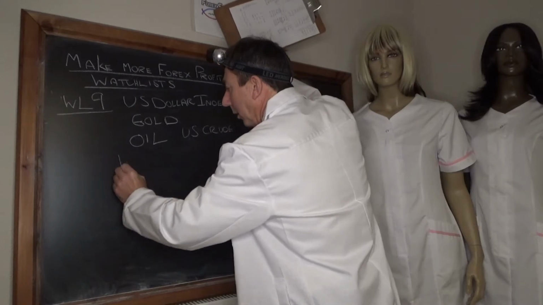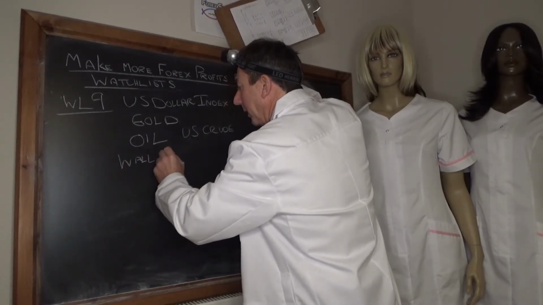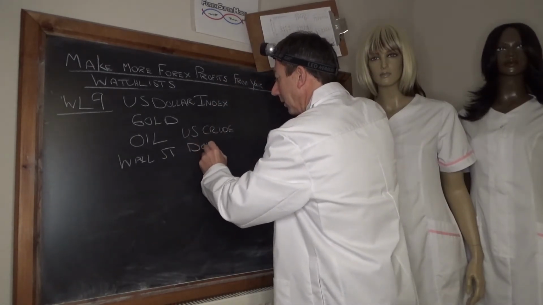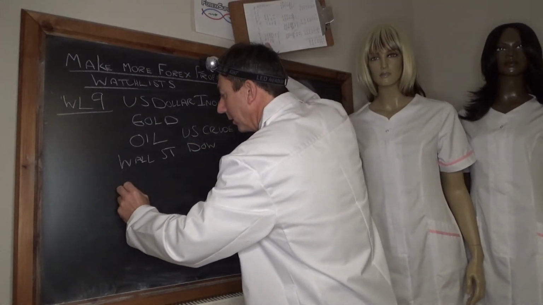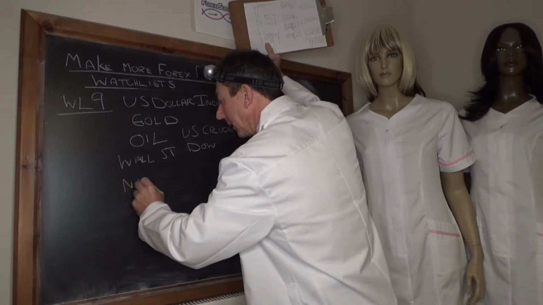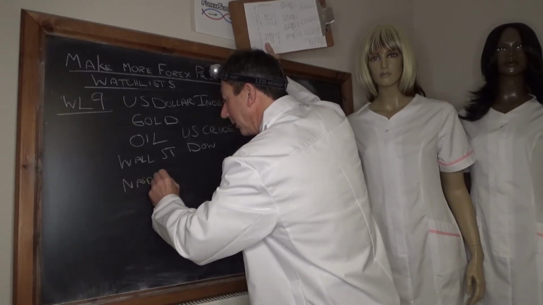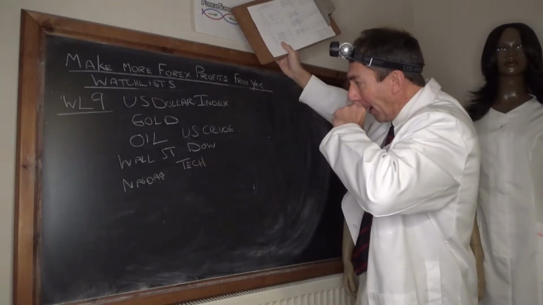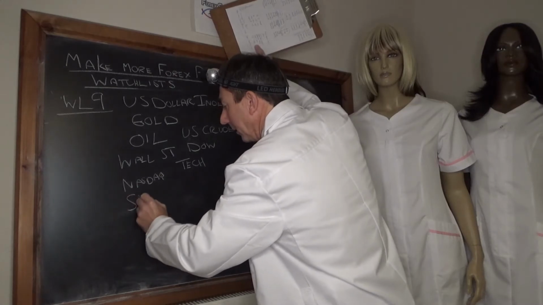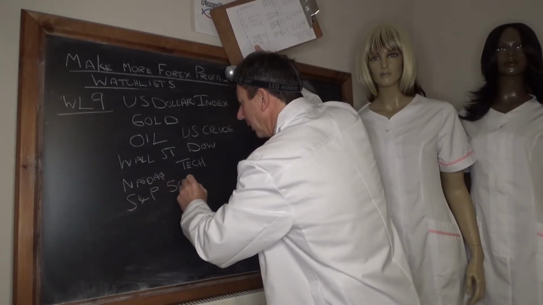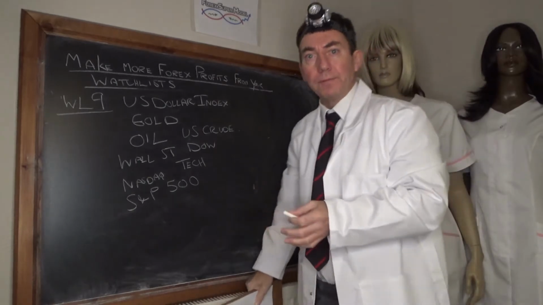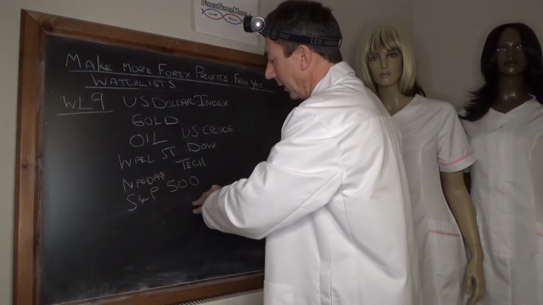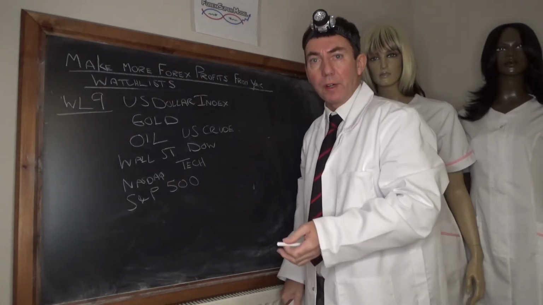So we've got Wall Street. Depending on your platform as to what they call it, this is really the Dow, and then you've got the NASDAQ, which is quite often on a platform known as tech, and then you've got the S&P 500, quite often that's straight the S&P 500 or the US 500 or whatever.